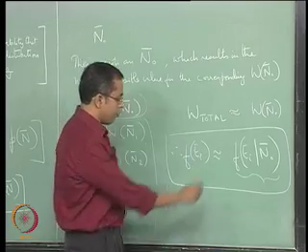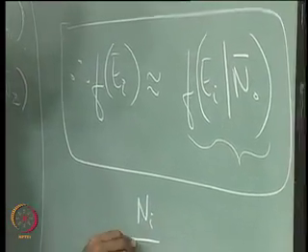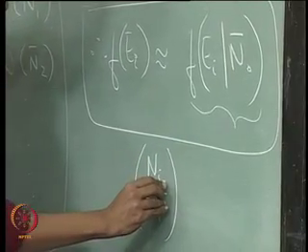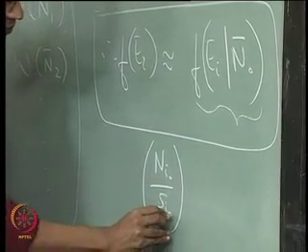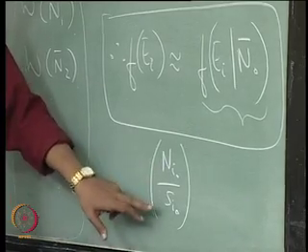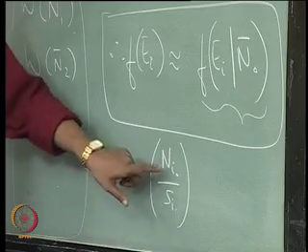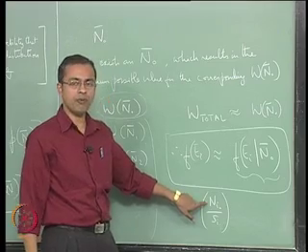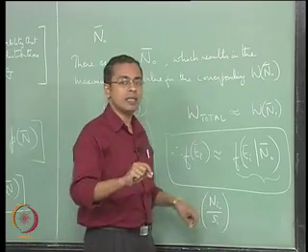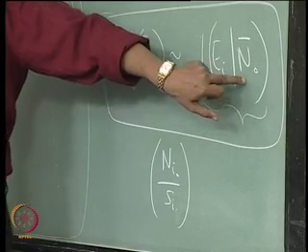So in fact all we are looking for is Ni by Si at 0. Si is anyway fixed, so Ni 0 by Si, in fact we can just call it Ni by Si, Ni 0 by Si 0, where Ni 0 is the number of particles at energy level Ei under the condition that the distribution is n bar 0.